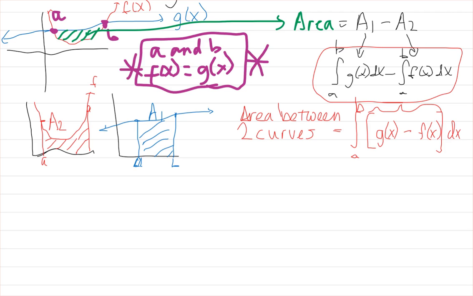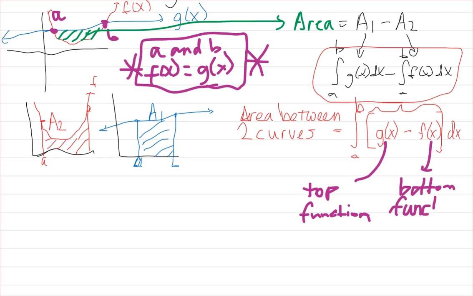The second thing to realize is this is always going to be what we term the top function. And this is always going to be the bottom function. Top function, bottom function.